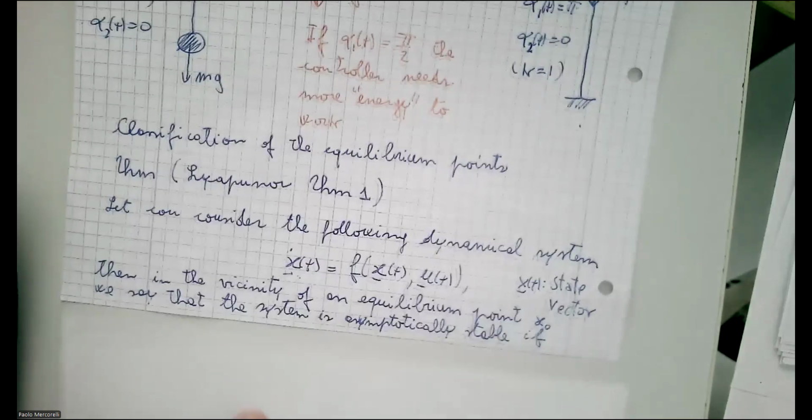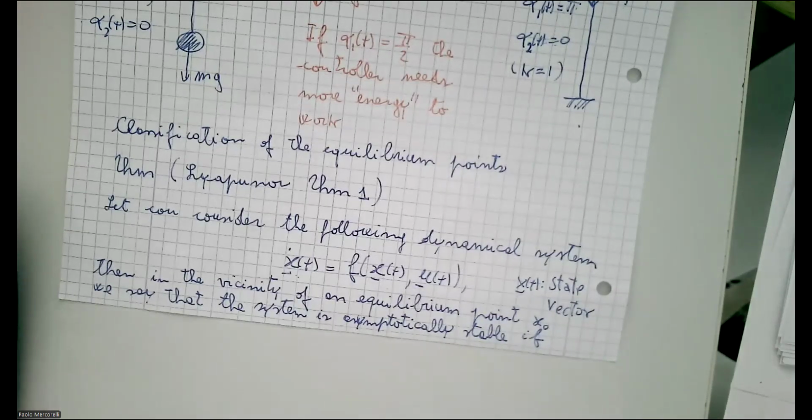Let me go ahead with the classification, and then I will repeat the theorem which we have seen last time. This means the second Lyapunov theorem. We will conclude with the control, and I will show you the simulation. Of course, I will upload everything. Look here. Theorem 1.